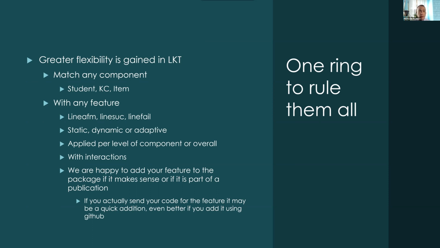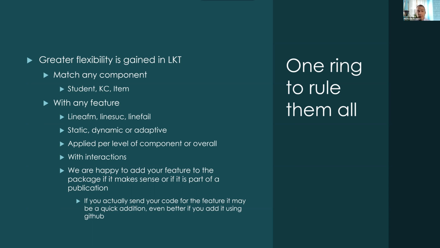And so, for instance, some of the features are linesuc, linefail, and lineafm. And lineafm is the one for the additive factors model. And so when you ask for intercepts for the student, intercept for the KC, and then lineafm for the KC, you have AFM.